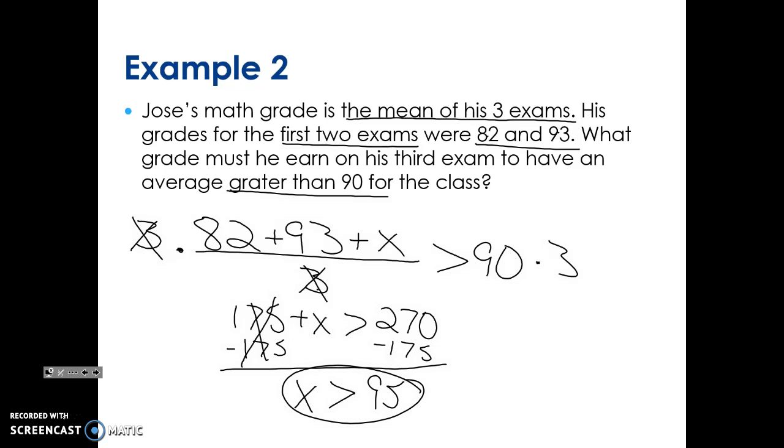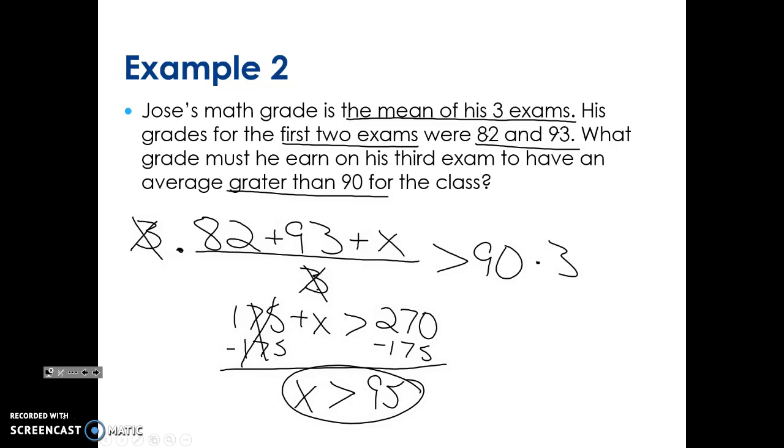So what this tells me is that x, whatever the grade x is, it has to be higher than a 95 in order for him to make a 90 in the class. So x has to be greater than 95, so as long as he scores a grade above 95, then he should make a 90 in the class.